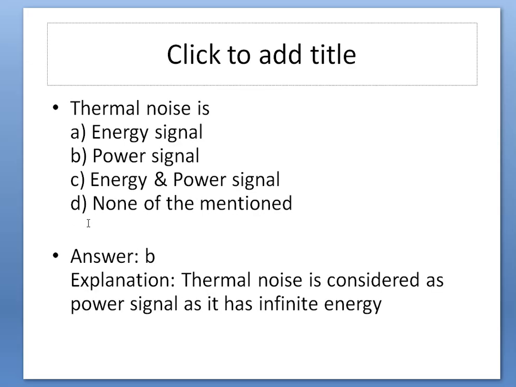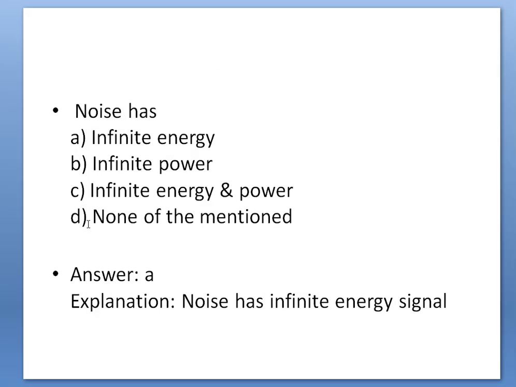Now, thermal noise is a power signal but it has infinite energy. Thermal noise we consider as a power noise, but here the noise is related to the signal noise, and signal noise has infinite energy.